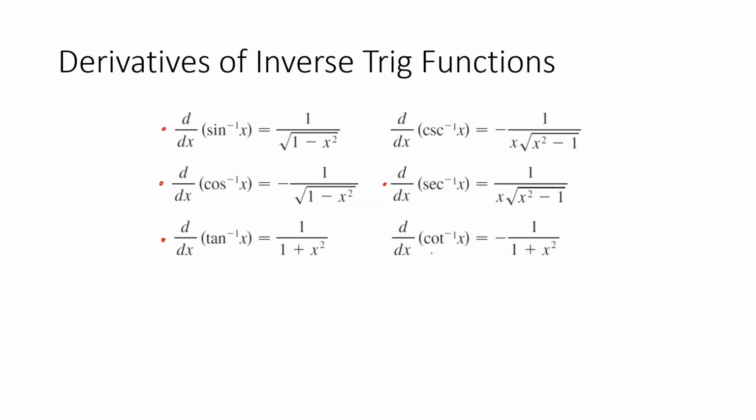Similarly, the derivative for cotangent inverse is the opposite in sign. It's the negative version of the derivative of tangent inverse. And we see that same with sine inverse and cosine inverse. They're opposite in sign. So with that relationship, we can easily remember these formulas. Essentially, there's three variations where the complementary one has a negative sign in front of it.